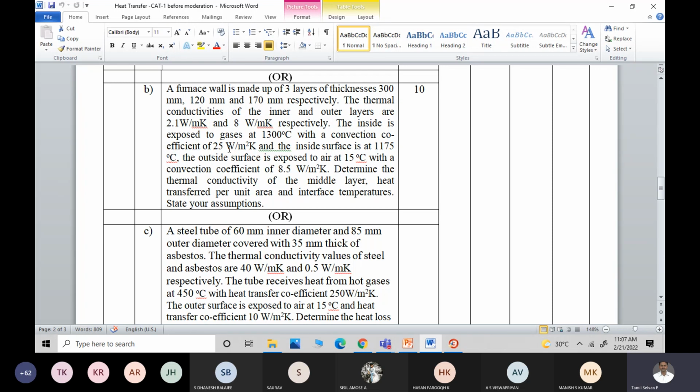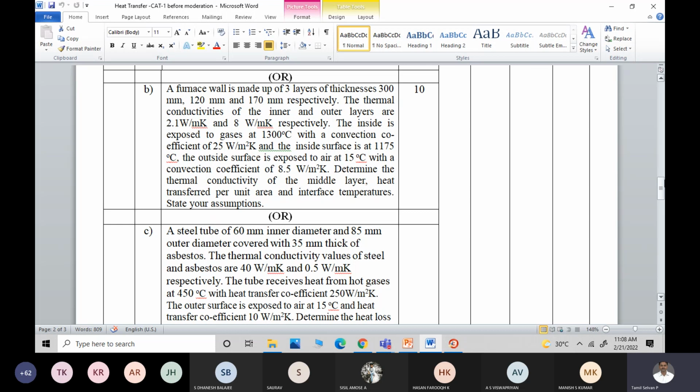So 25 into area, per unit area, into del T. He used 25 into (1300 minus 1175), and he got Q. That is only one guy out of the 8 or 9 papers I have corrected, and I was so happy because I didn't use it inside my classroom.